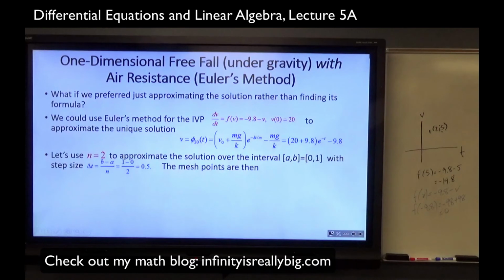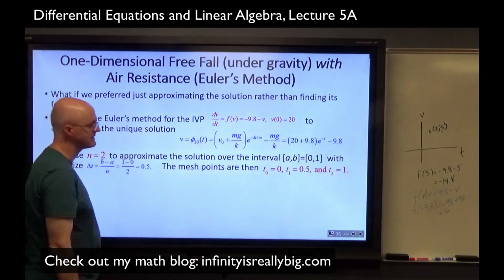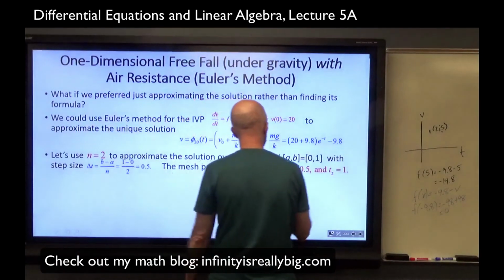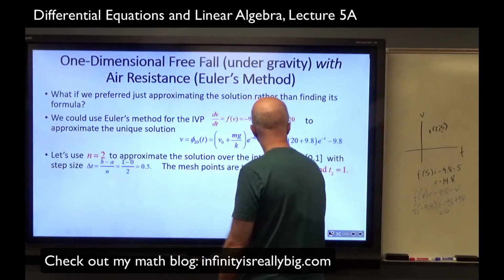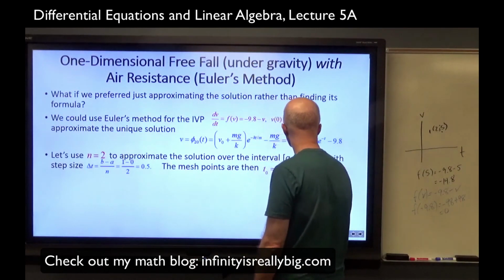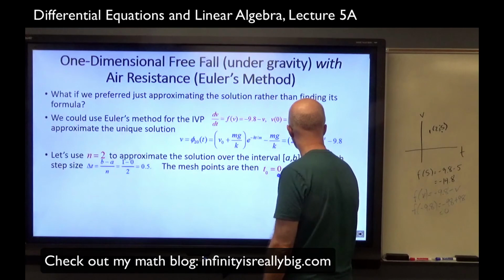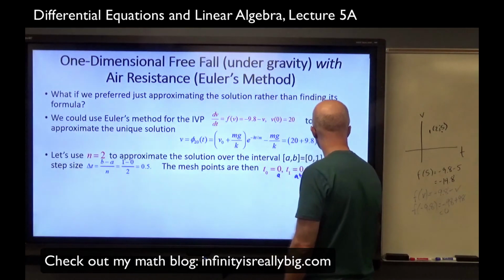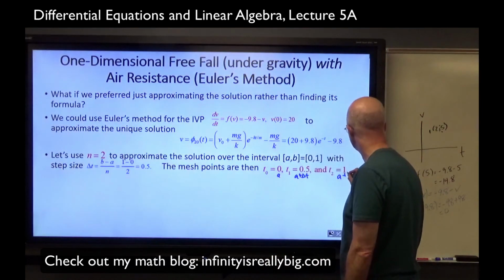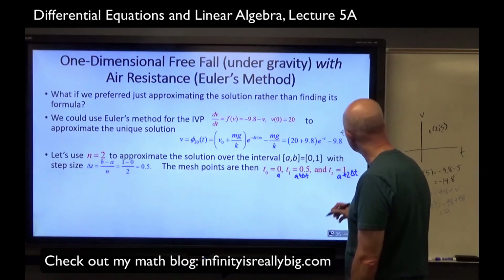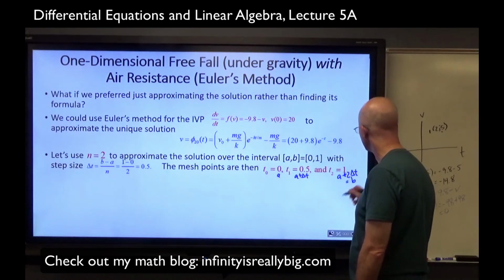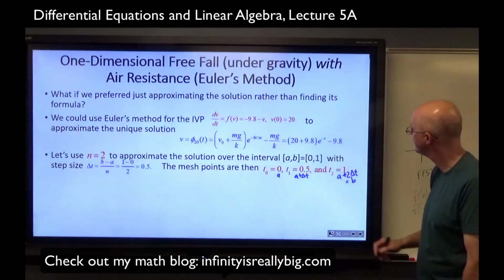Then the mesh points, just like with numerical integration, can be found by continually adding delta t. First to a, and then to t1, and then to t2, etc. So this is a right here. This is a plus delta t. This is a plus 2 times delta t, which is the same as b for this example because we're only doing 2 steps.